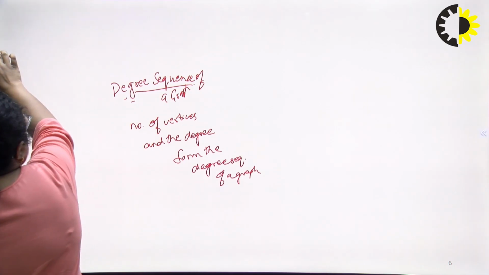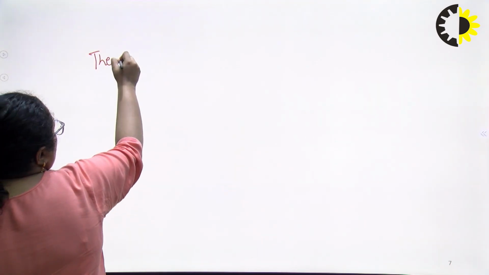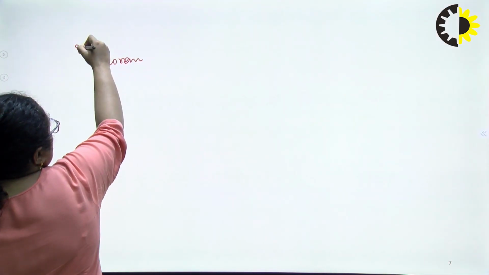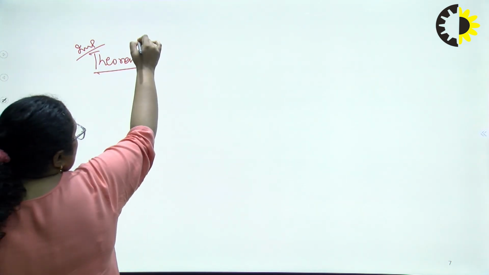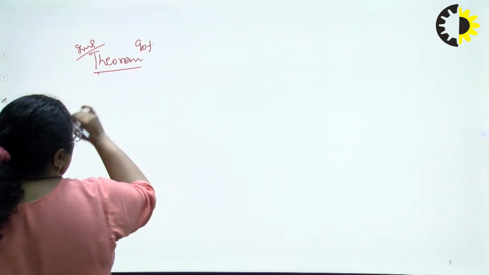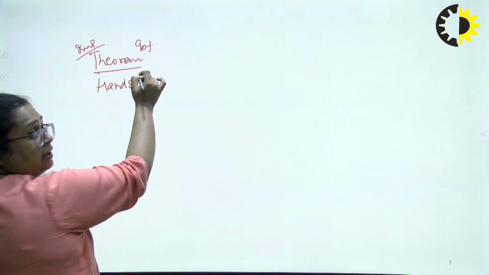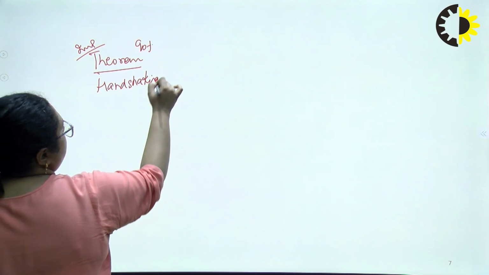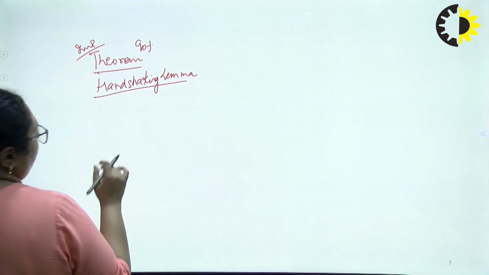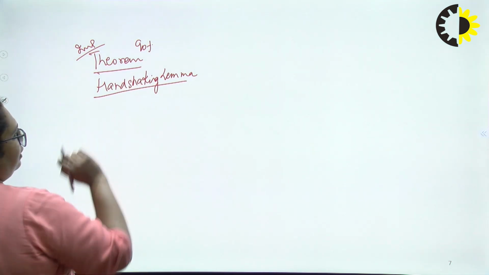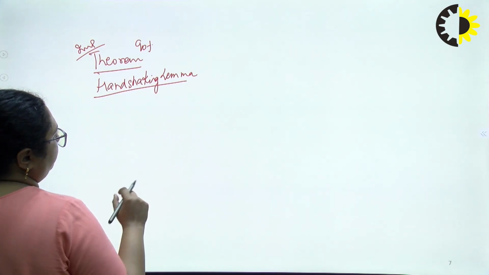Now let us take another theorem, one that is very important for AKTU purposes, and 90% it comes every year in AKTU. That is the handshaking lemma. It can come either with the problem statement given, or with the name given, or the formula will be given and you have to prove this theorem.